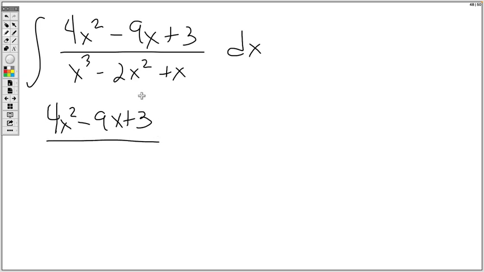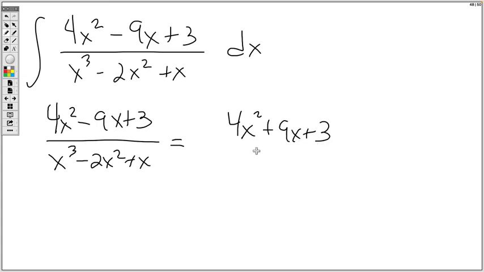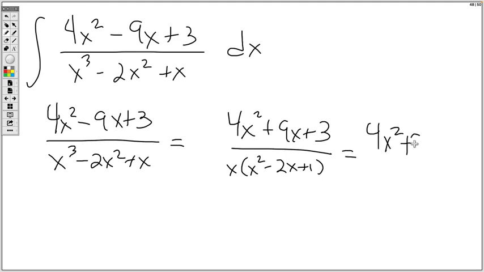We need to factor the denominator as much as we can. So we can start factoring that denominator by doing what? What can you pull out of all those terms? Can you factor even further? Whoops, that typo there.